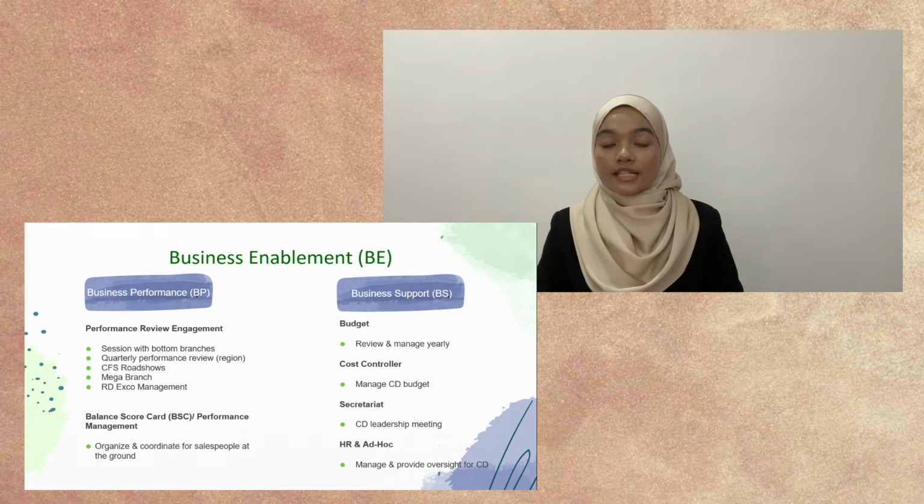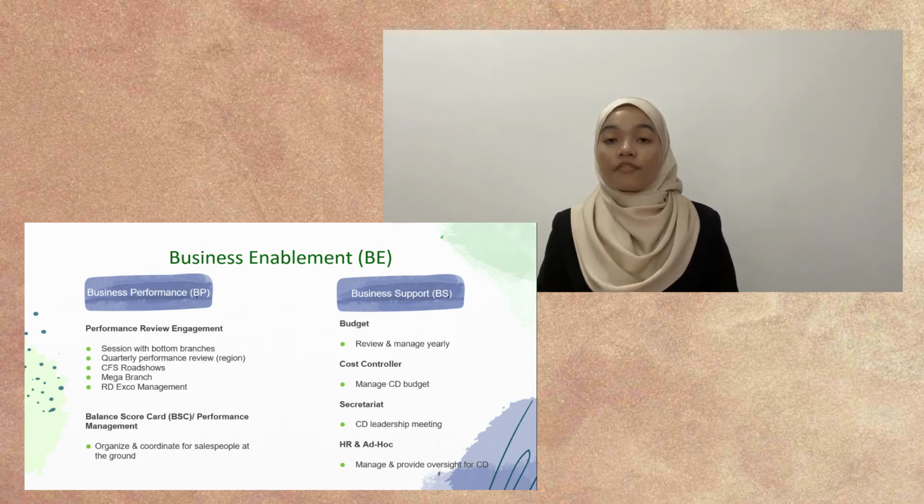First is to have a session with bottom branches by identifying what problems the branch faces. Is it insufficient numbers of workforce that reduce their work performance, or maybe the timeline is too short for them to achieve? All these matters need to be handled by the BP team.